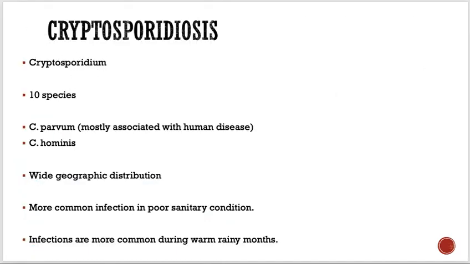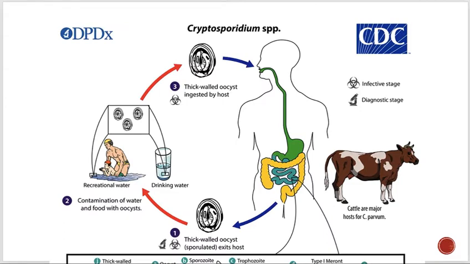Okay, so let's go into the life cycle now. The life cycle is quite simple, if we take the life cycle in man. You can see here the infective stage, which is the oocyst, and the diagnostic stage is also the oocyst.